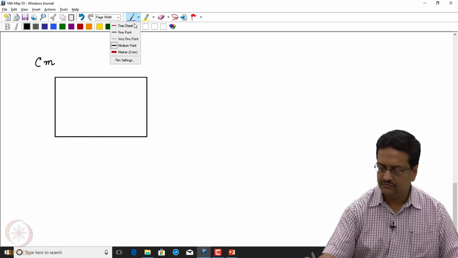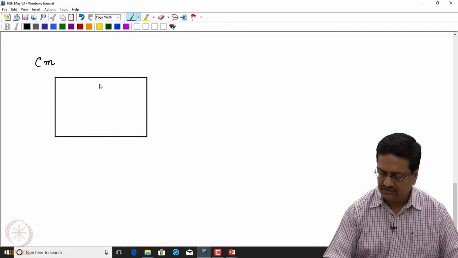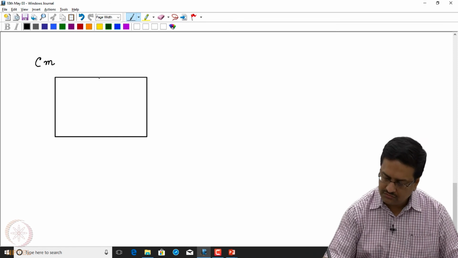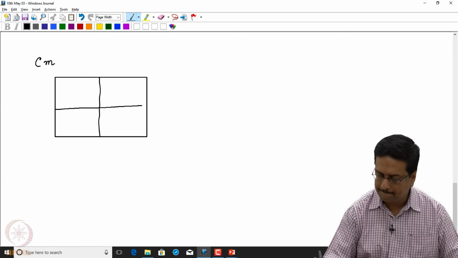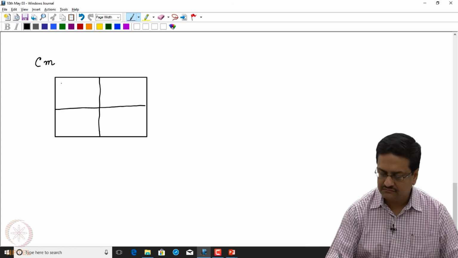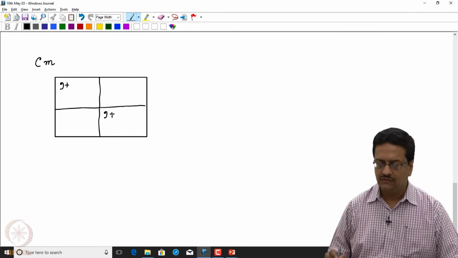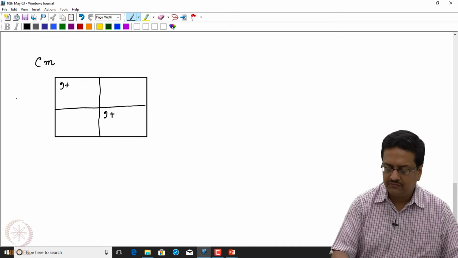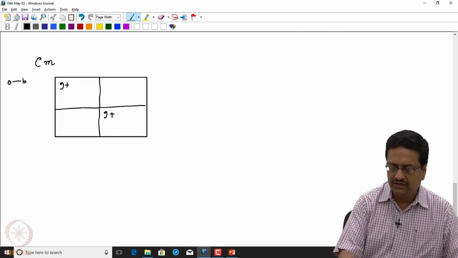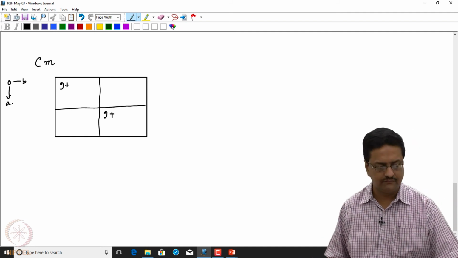I am trying to divide it into 4 equal parts and then placing the object and the C related object. Remember, I am always representing B and A in the same direction.